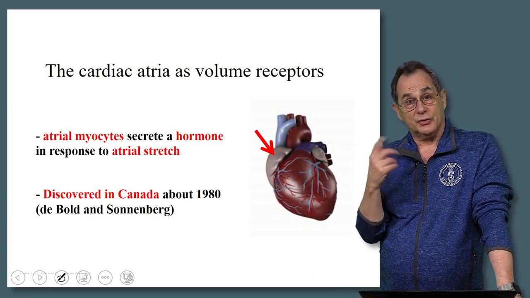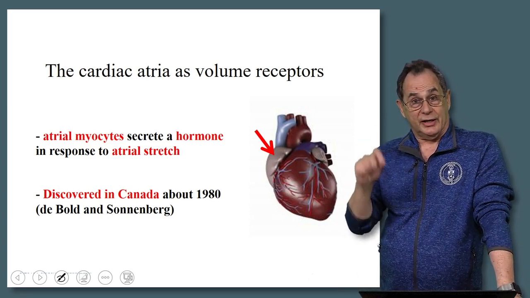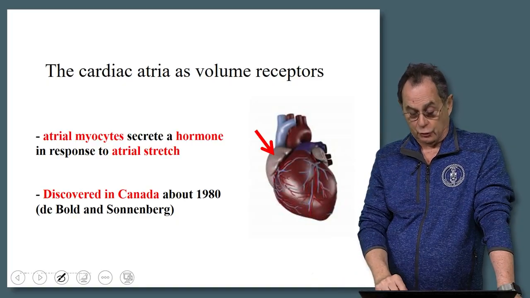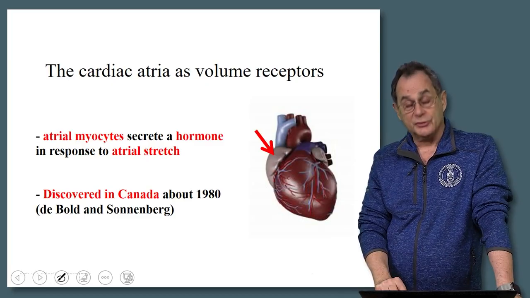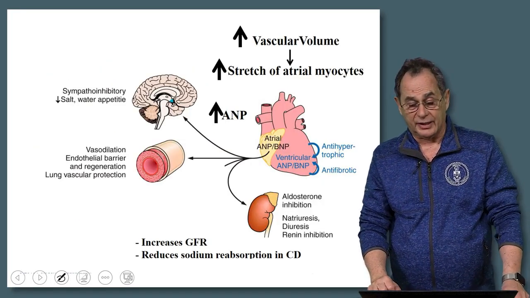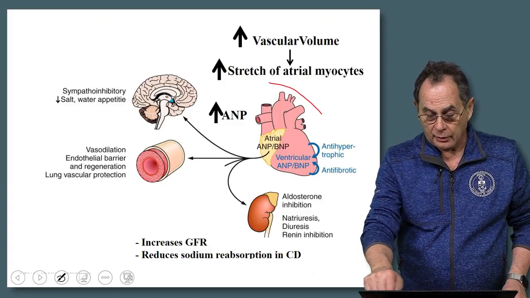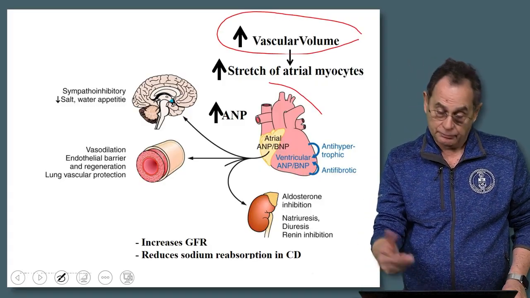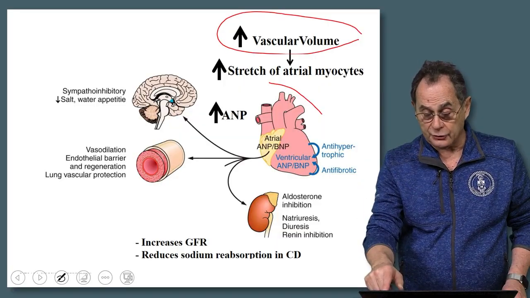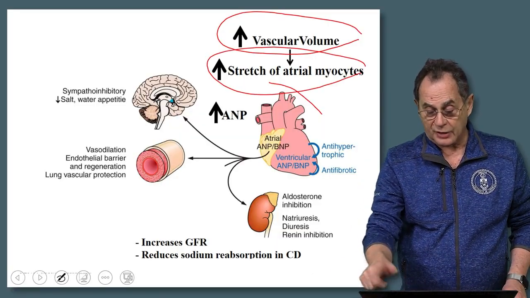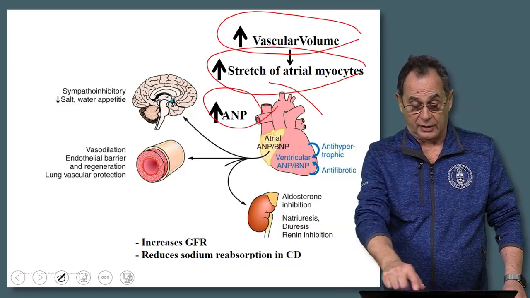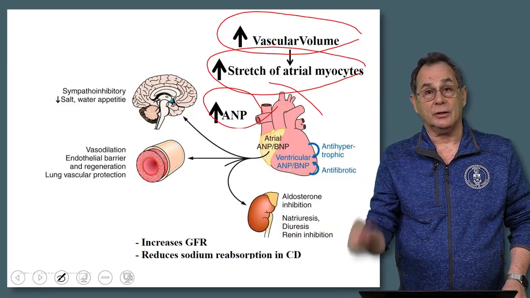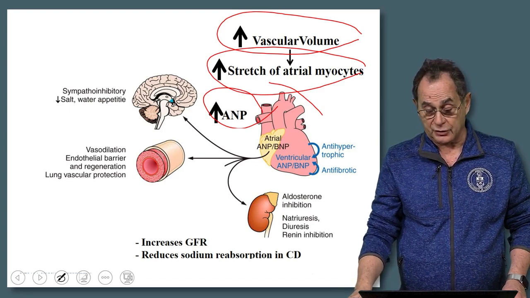One of the reasons, indeed, that when kids hop in a pool, they have an extraordinary urge to pee is because the expansion of the atria leads to the release of a hormone that influences sodium handling in the kidney. So, an increase in vascular volume, eating sodium or hopping in a hot tub, going for a swim, stretches your atrial myocytes. They secrete atrial natriuretic peptide, a Toronto and Queen's University discovery.